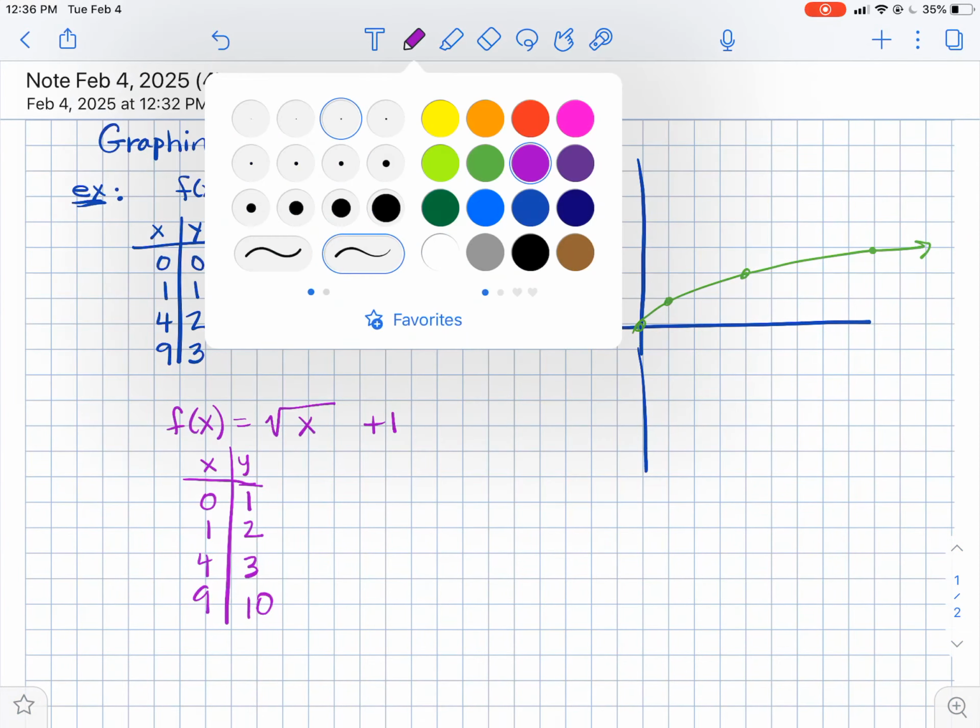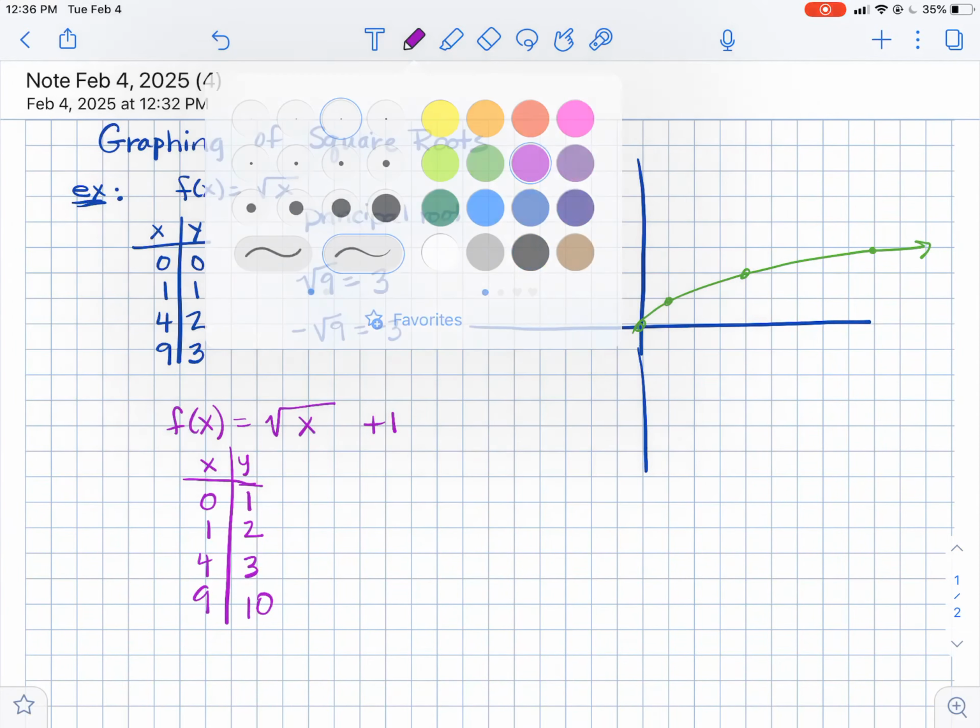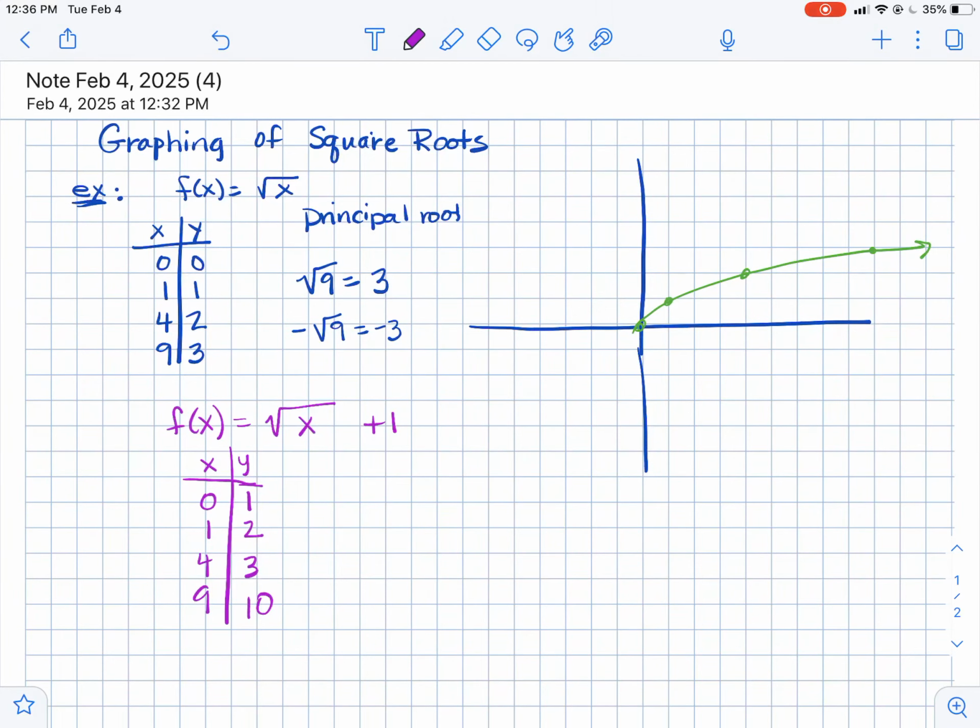Now I'm going to come over here. I'm going to leave it purple, but I should have done the first one in blue. Let me go back. I'm going to go over this one in blue so that you see that this is technically my parent function. Then back to this one in purple. So I've got 0, 1. I've got 1, 2.